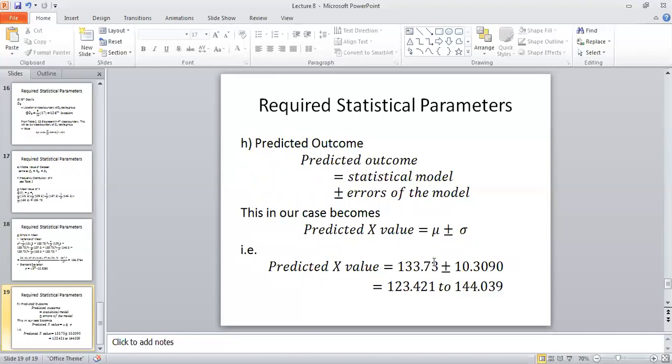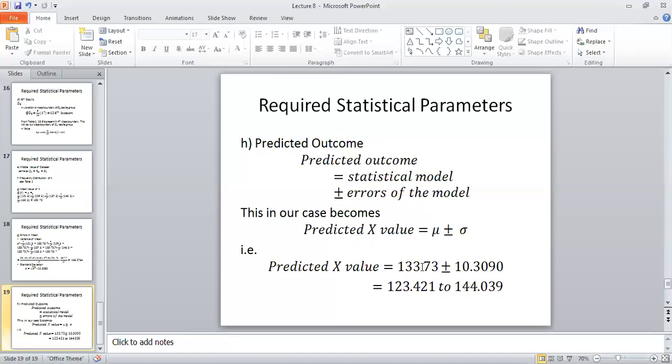Plugging in the values of mean and standard deviation, that is 123.73 for the mean, which we got earlier, and 10.3090 for the standard deviation, and then summing and finding the difference, we get the two limits of this interval. The lower limit is 123.421, obtained by subtracting 10.3090 from 123.73, or subtracting sigma from mu, and the upper limit is obtained by summing 123.73 with 10.3090, or mu plus sigma.